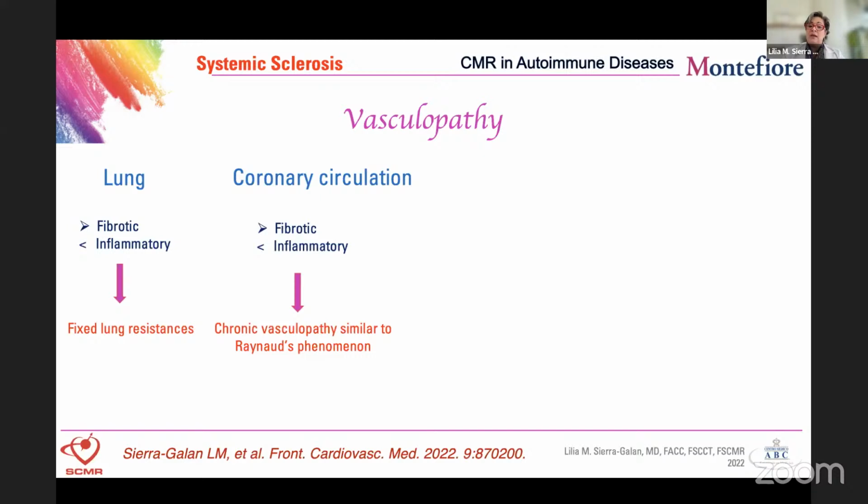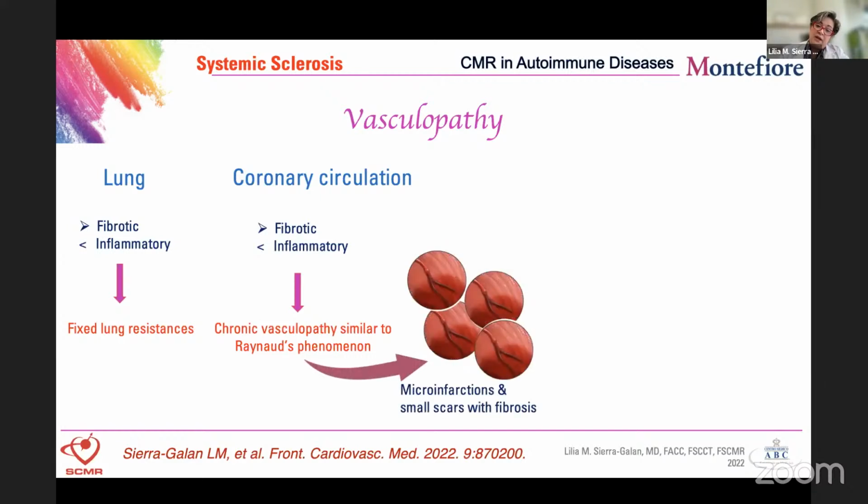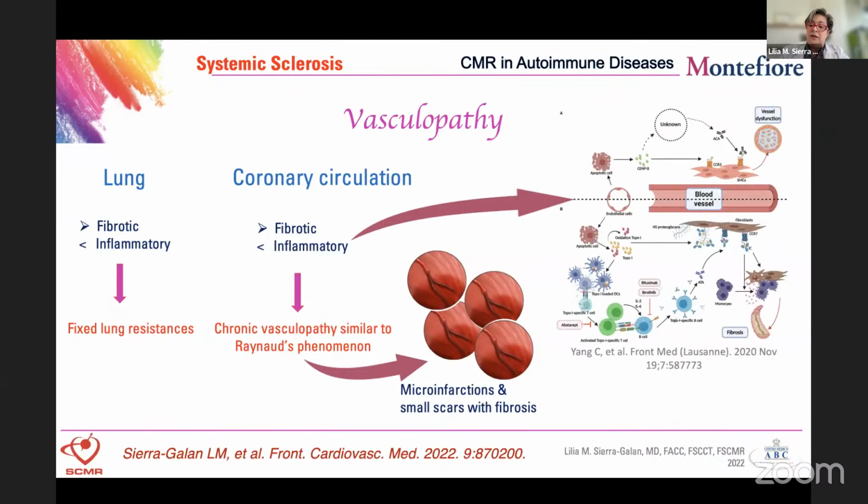So these patients have chronic chest pain and perfusion defects, which in the end are going to produce microvascular infarction, small scars with fibrosis, and obviously with the inflammatory component it is going to have a very bad evolution.